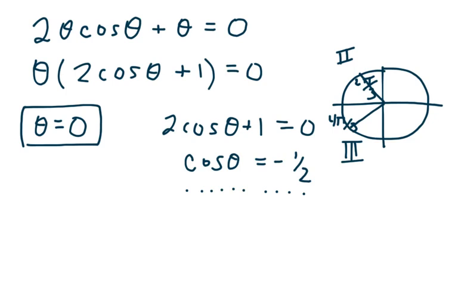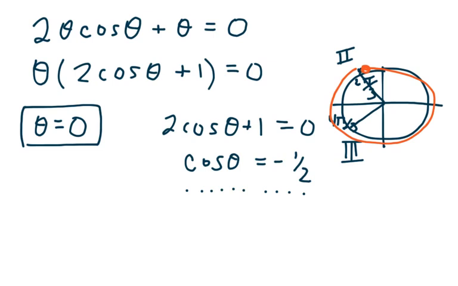Because there was no interval specified, you're supposed to find all possible solutions. So not only are 2 pi-thirds and 4 pi-thirds solutions, but every time you go around the unit circle, I'll represent that in red here, you're going to have a new solution. So this red dot would represent 2 pi-thirds plus 2 pi, and then you could go around again, and so on.